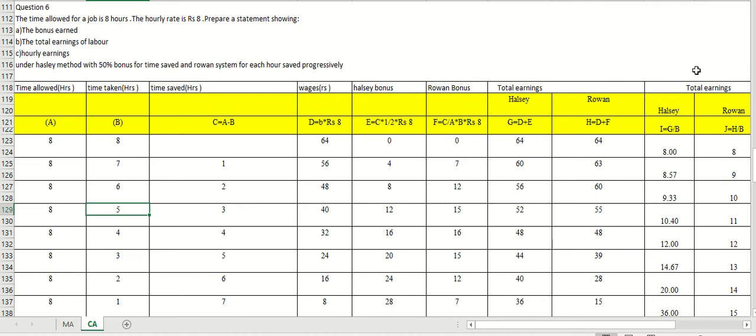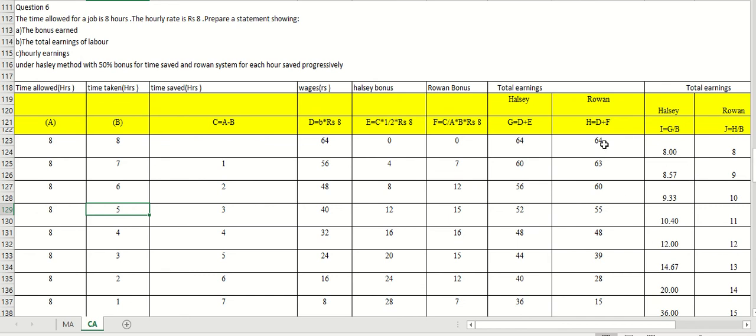So now you're supposed to calculate the total earnings per hour of the labor, which is G, your total earnings, divided by B, which is time taken. So G, 64 divided by 8, you get 8 rupees.